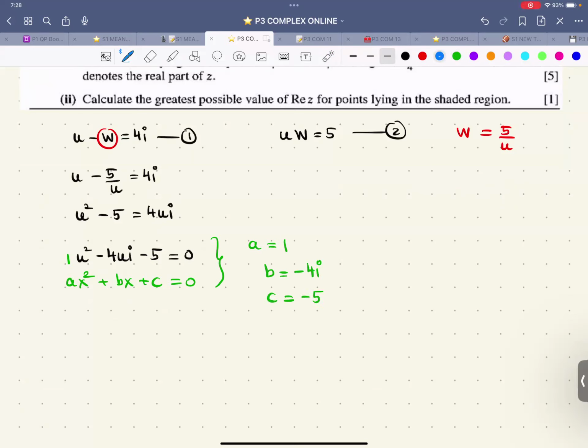Let me evaluate b squared minus 4ac first. That is negative 4i whole squared minus 4 into 1 into negative 5, and this comes out to be positive 20.